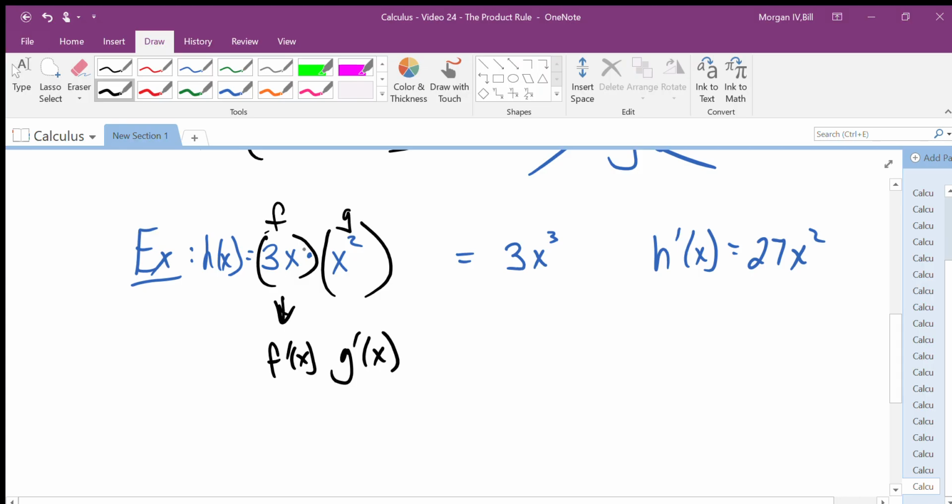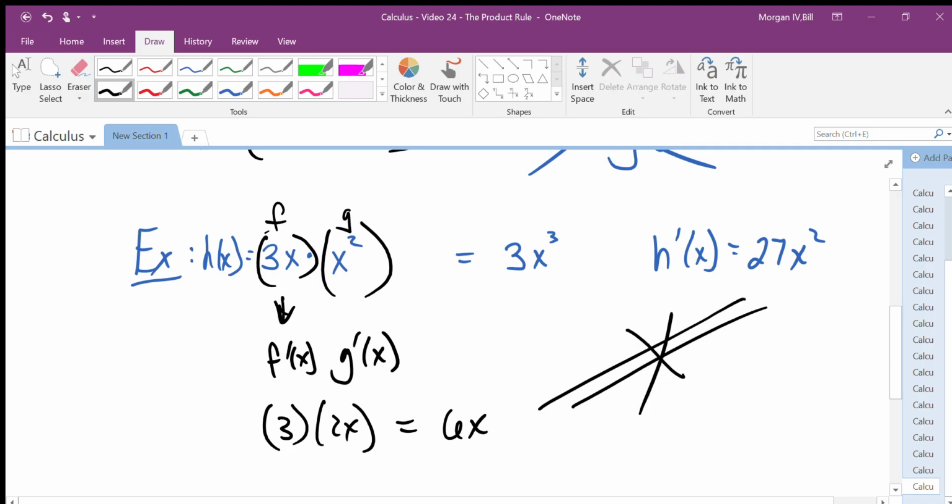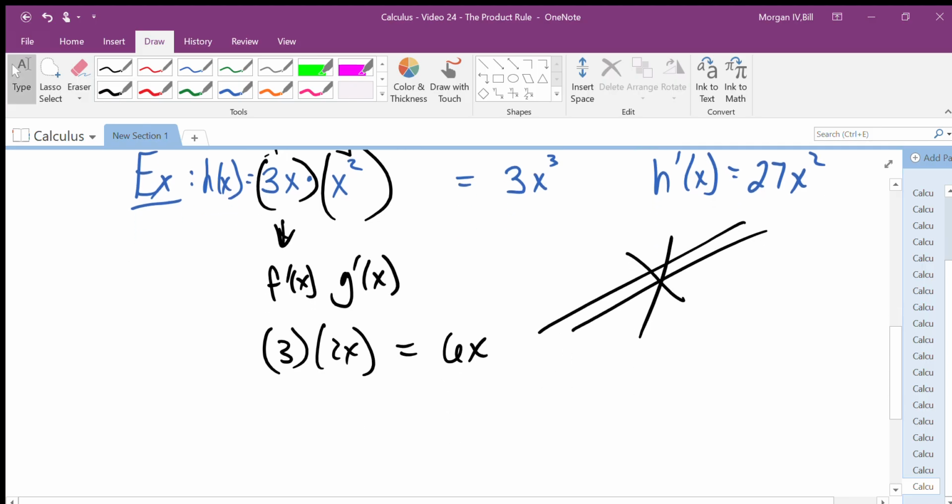The derivative of 3x is 3. The derivative of x squared is 2x. And when I multiply that together, that is 6x. And 6x and 9x squared are definitely not the same thing.